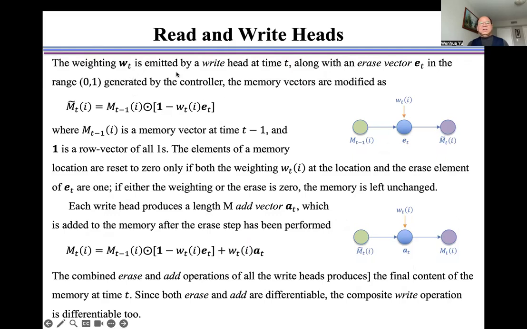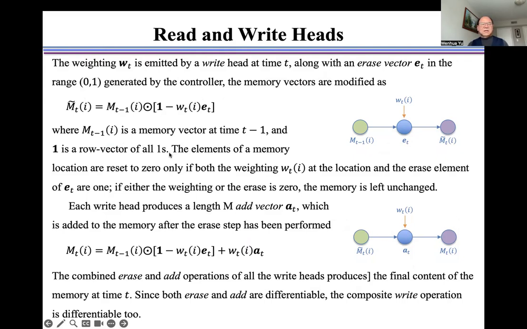The weighting w_t is emitted by a write head at time t, along with an erase vector e_t in the range from 0 to 1 generated by the controller. The memory vectors are modified as here and explained in this figure, where M_{t-1} is a memory vector at time t minus 1, and 1 is a row vector of all ones.